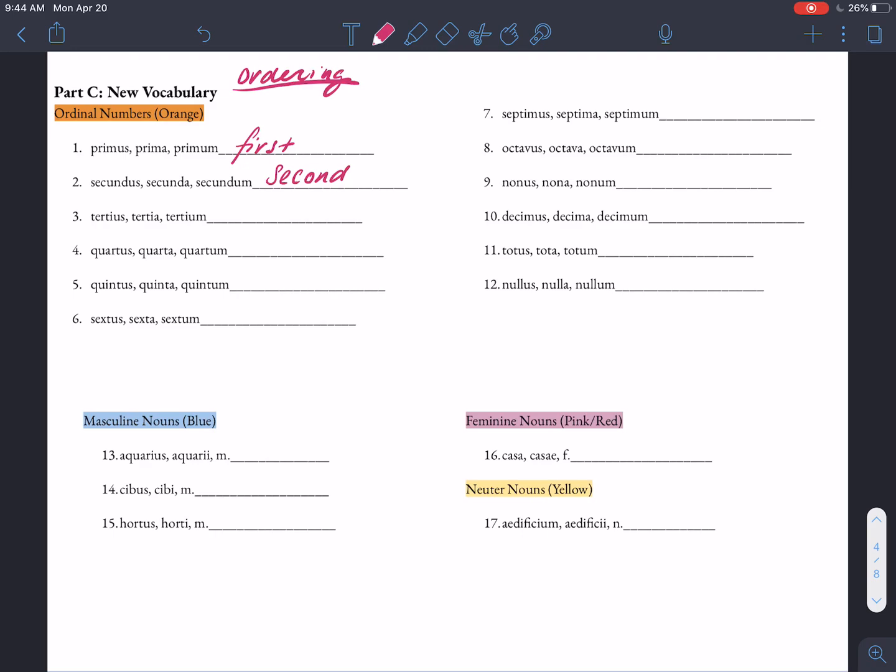Number 3, please repeat after me. Tertius, tertia, tertium. That's third. Number 4, please repeat. Quartus, quarta, quartum.